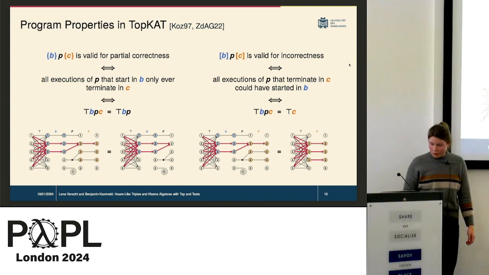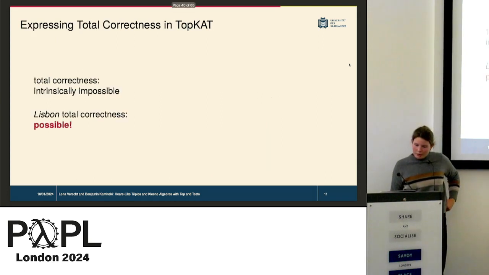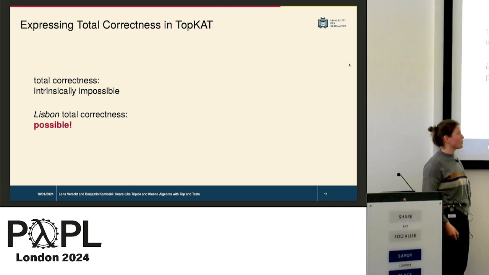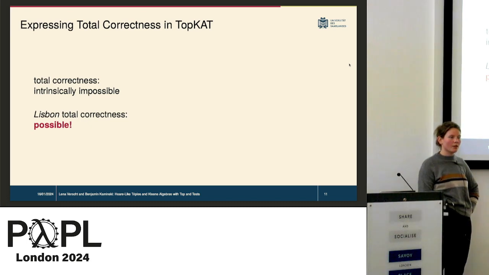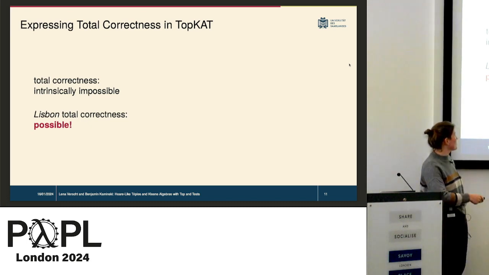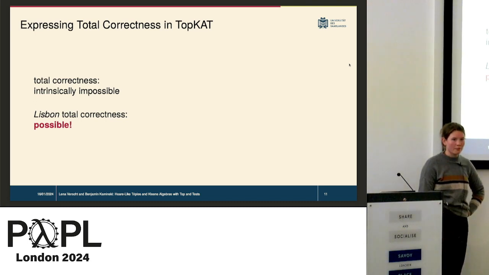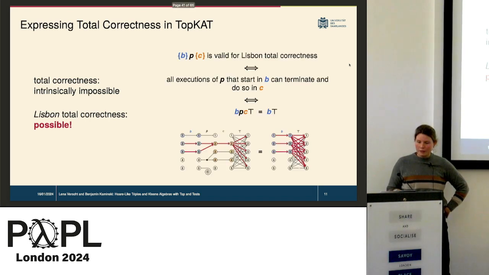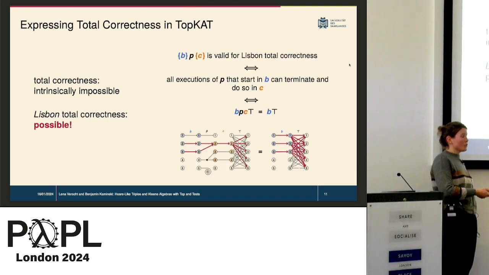Okay, so what about the other properties that we've seen? It is kind of folklore knowledge that it's not possible to express demonic or the standard total correctness in Kleene algebra. But we found out that it's actually possible to express this angelic or Lisbon total correctness. And the equation for that is actually very similar to what we've seen before.